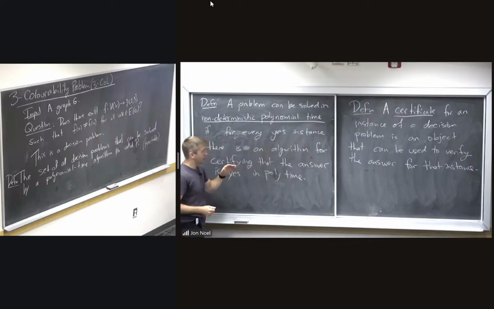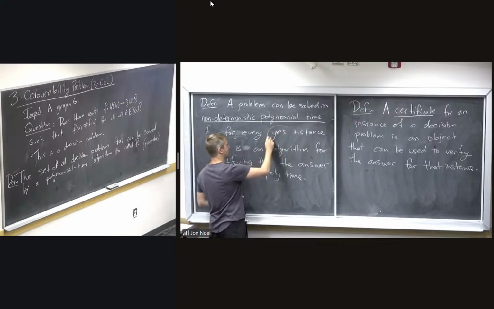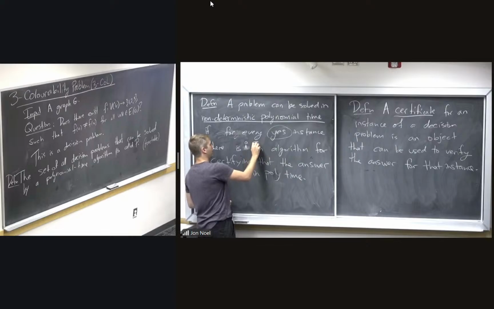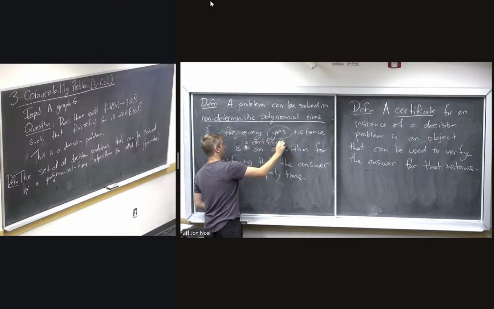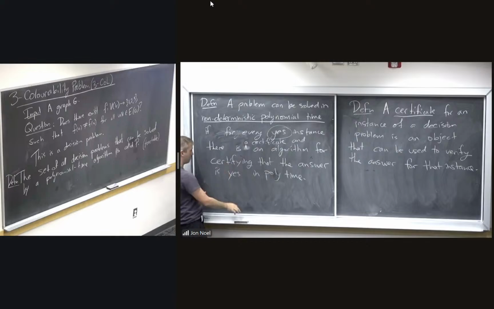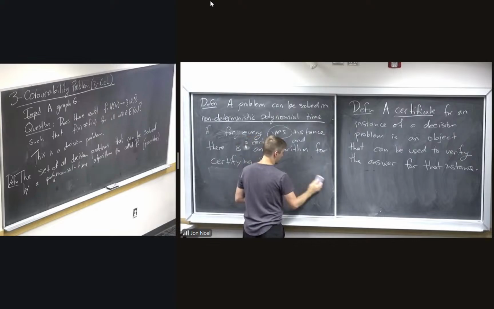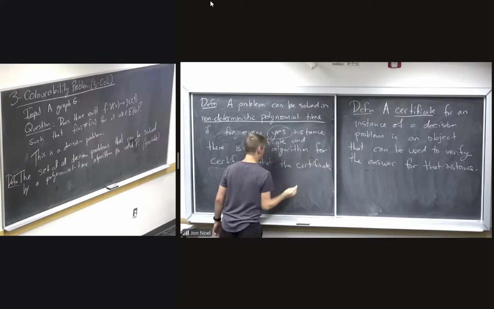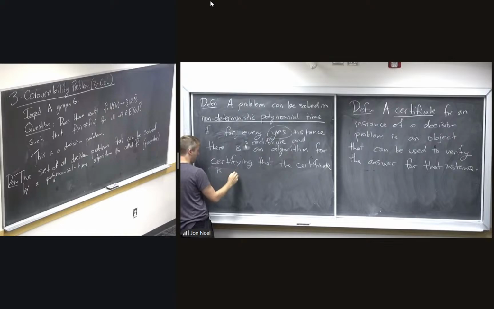So what I want to say is that a problem is in NP if for every yes instance, we're not talking about no instances, just yes instances, there is a certificate for that yes instance and an algorithm for checking that the certificate is valid, that it really is doing what it's supposed to do, in polynomial time.